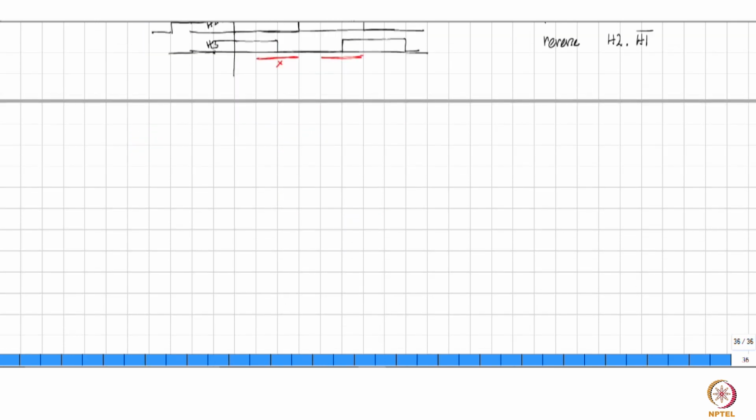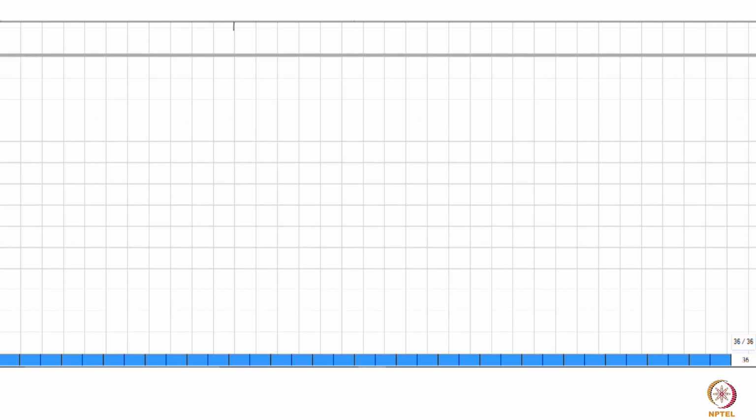Now, as I mentioned in the last class, the brushless DC motor has a ripple torque.